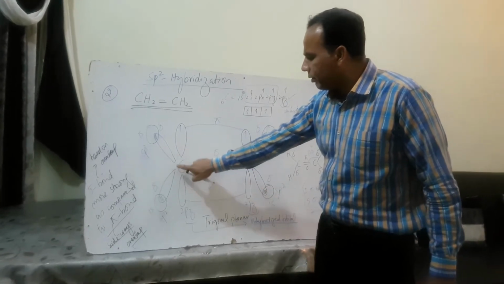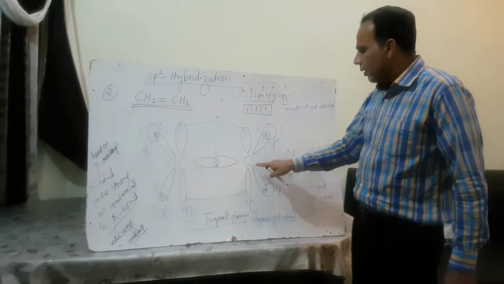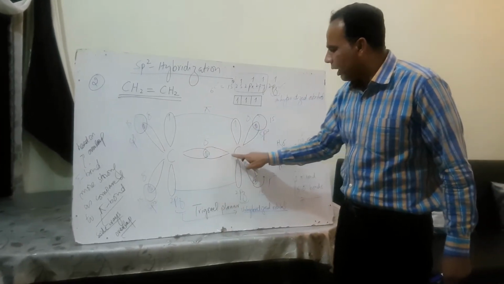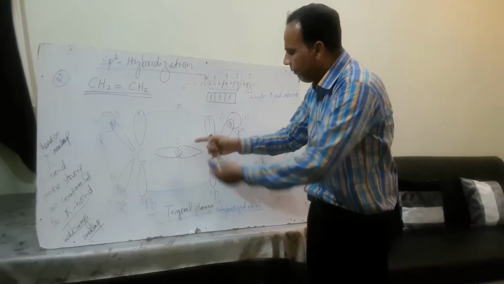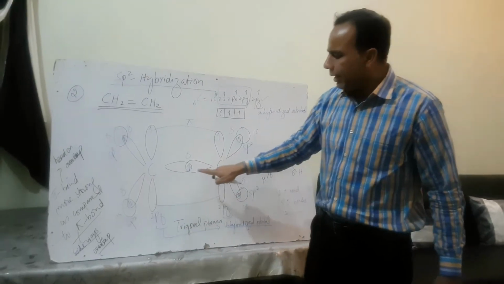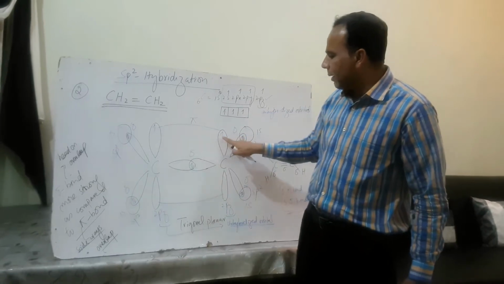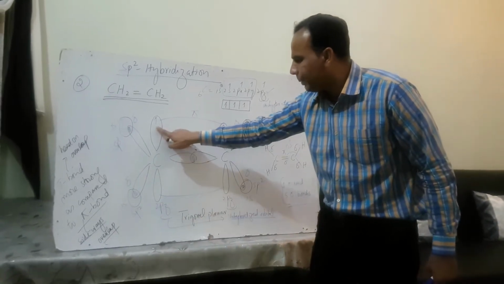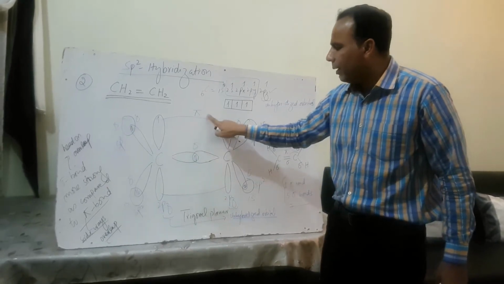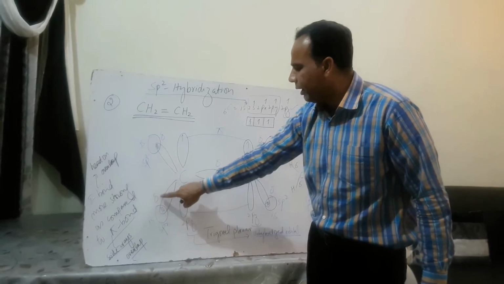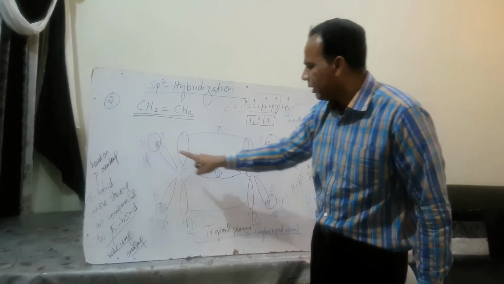Draw its orbitals. When the two carbon atoms overlap head-on with each other, a sigma bond is produced. And here these are the 2pz orbitals, this is the 2pz orbital, this is also a 2pz orbital, they form a pi bond, and the hydrogen atoms which are attached over here also form sigma bonds.